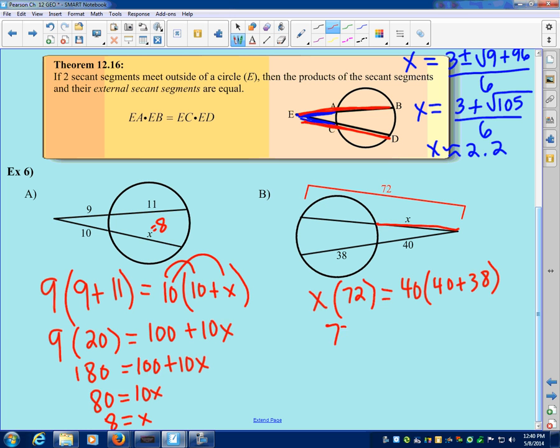So 72x equals 40 times 78. I don't know, what's 40 times 78? 3,120. And then divide that by 72. 43 and a third.